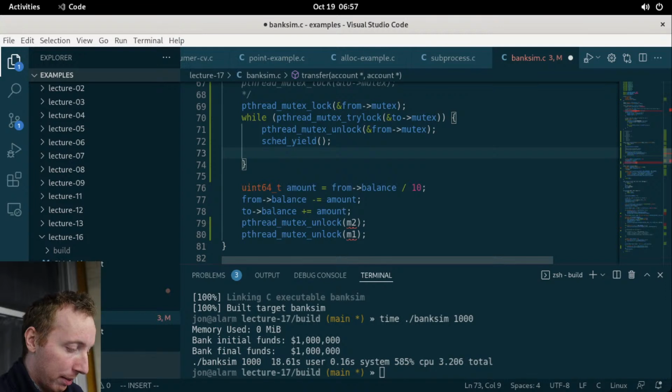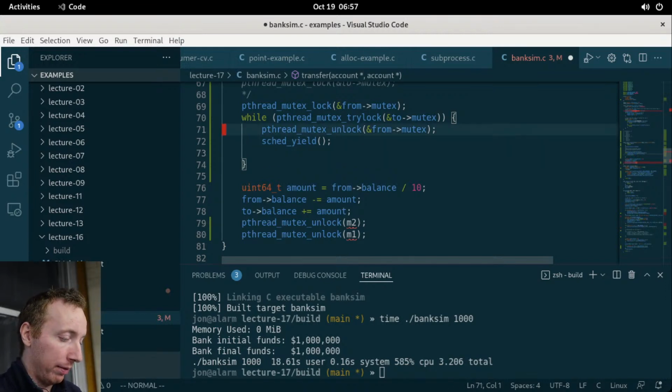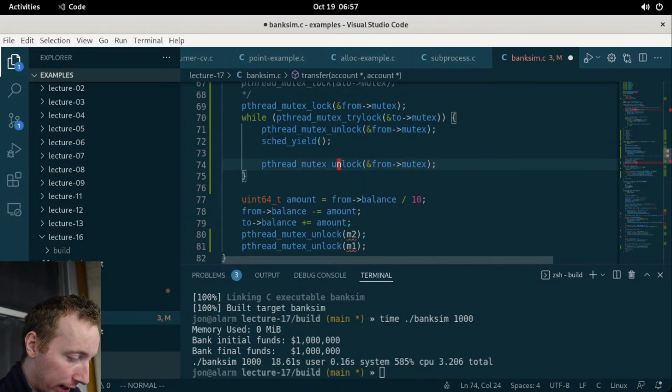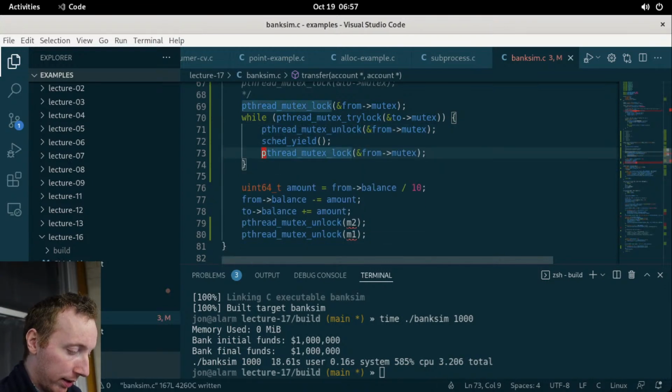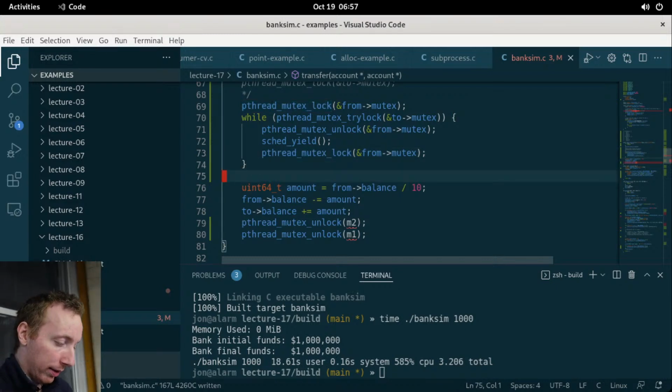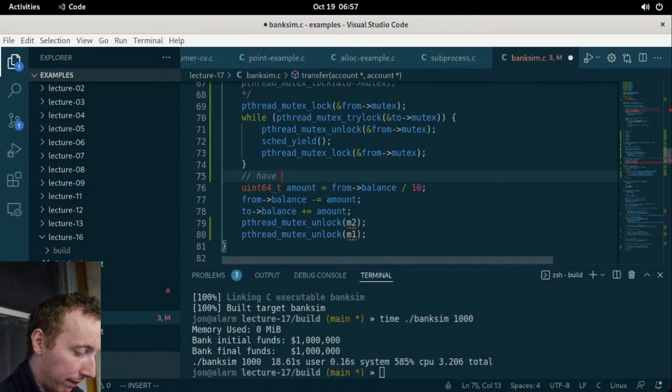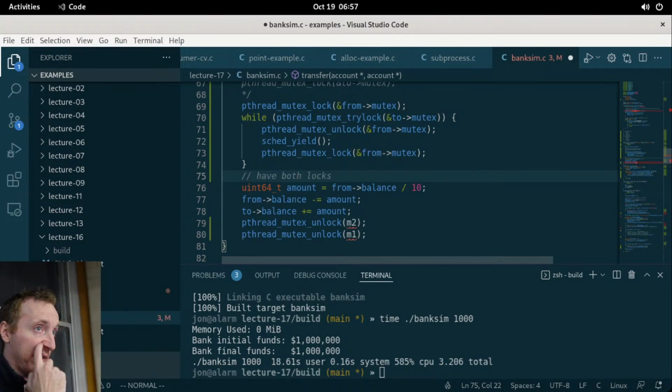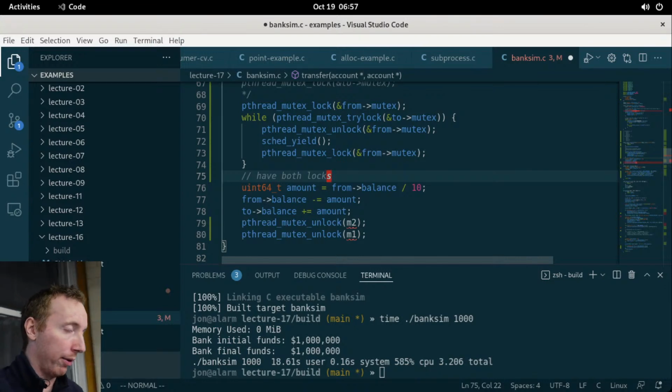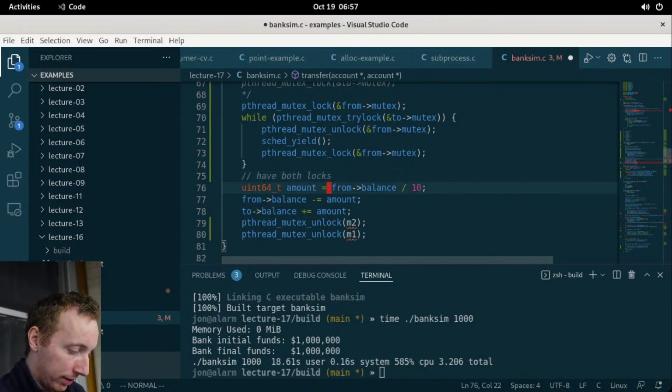And then before you try again, you want to reacquire the from mutex. So before I try again, I want to make sure that I actually lock the from mutex again. That way, the only way I fall out of this loop is if I have both locks. That's why you have to relock to get the from, and then you try again to get 2, and go back and forth as many times as it takes.